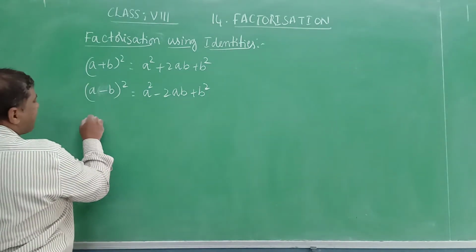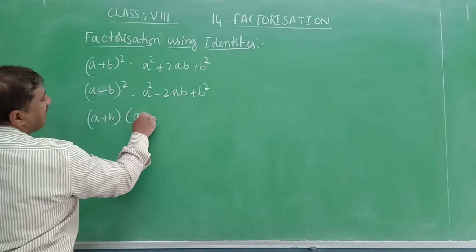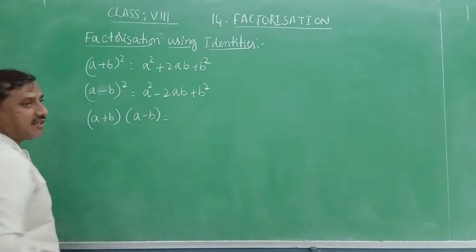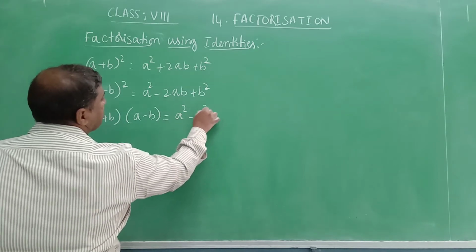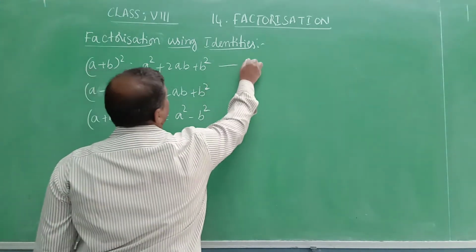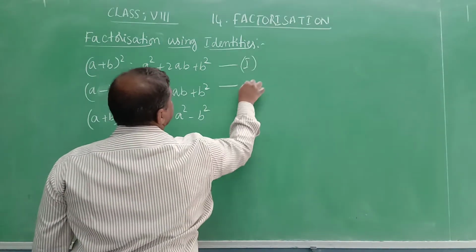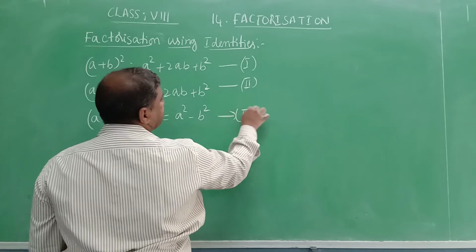And the third identity is a plus b into a minus b, that is a square minus b square. Yes, this is the first identity, this is the second identity and this is the third identity.